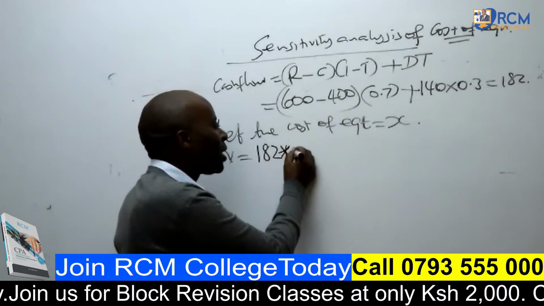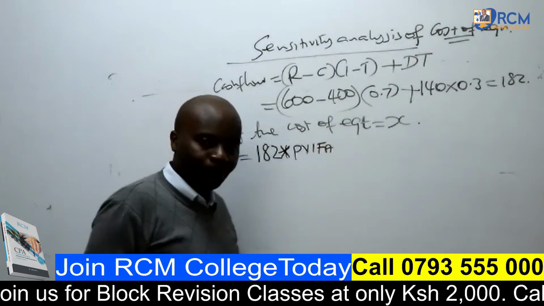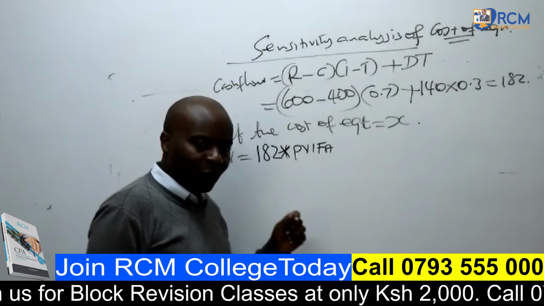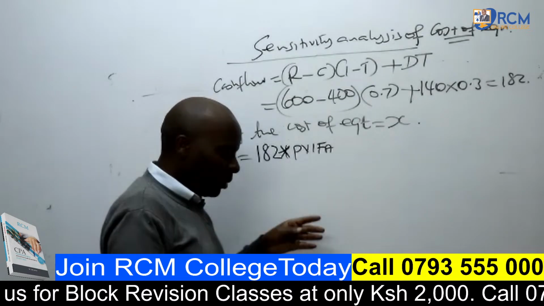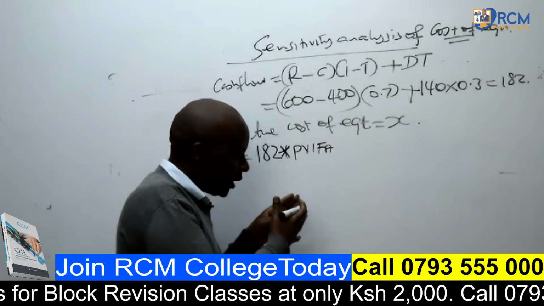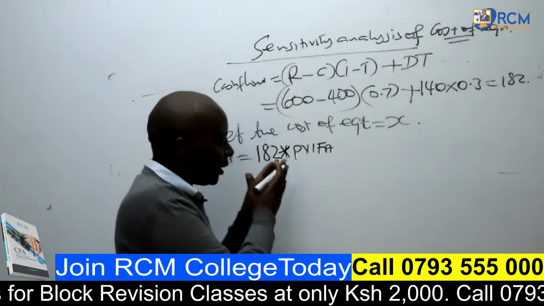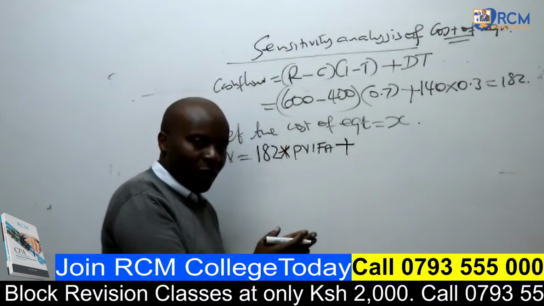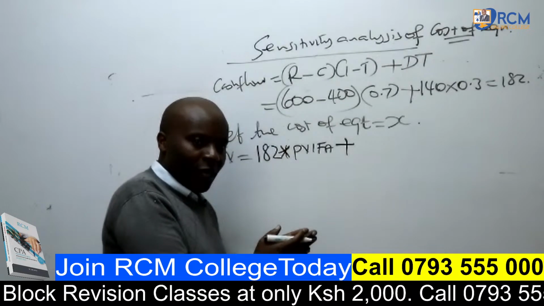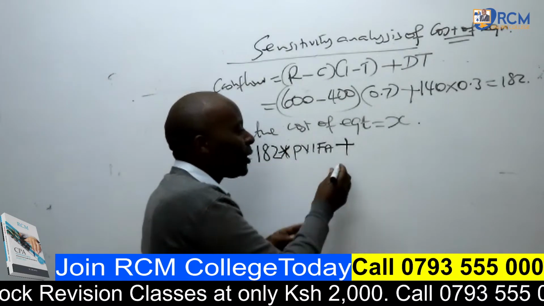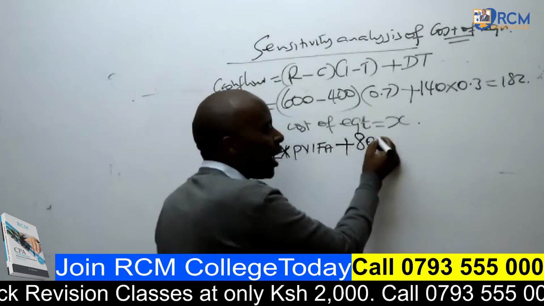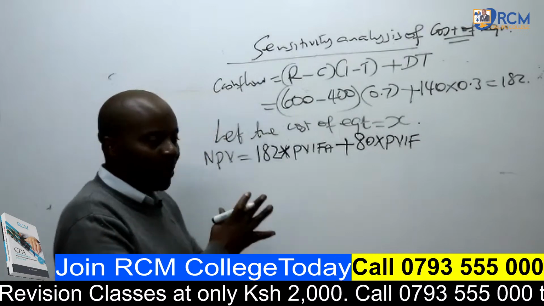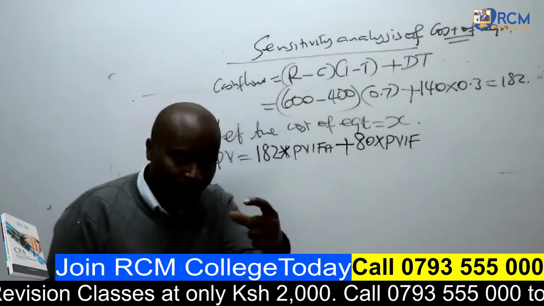We multiply it with PV-FA. Remember, we have two cash flows. So we have our annuity that we multiply with the PV-FA, plus our scrap value, which was 80. And this scrap value must always be multiplied with PV because it's a one-off figure.